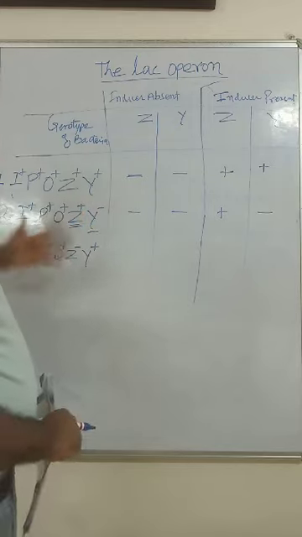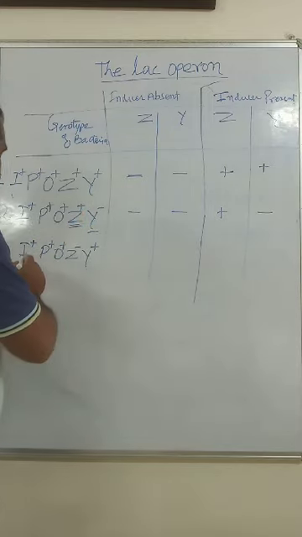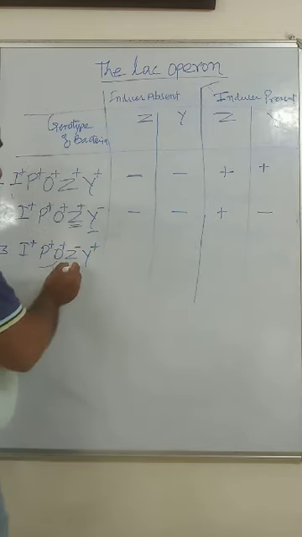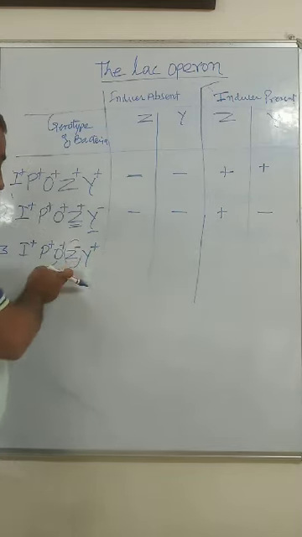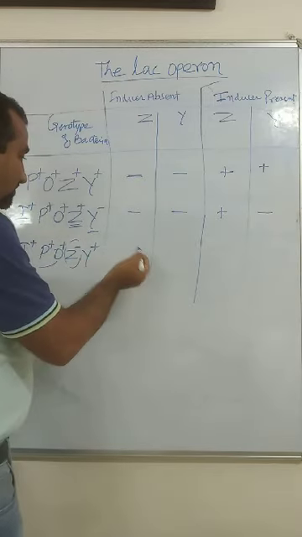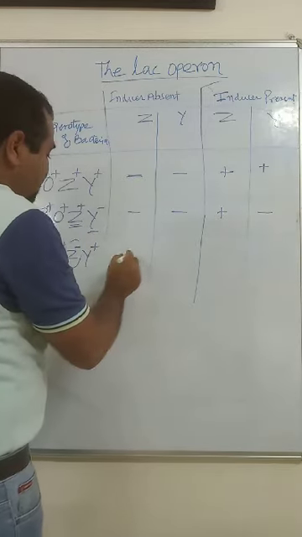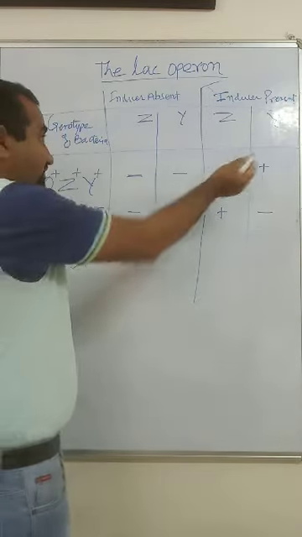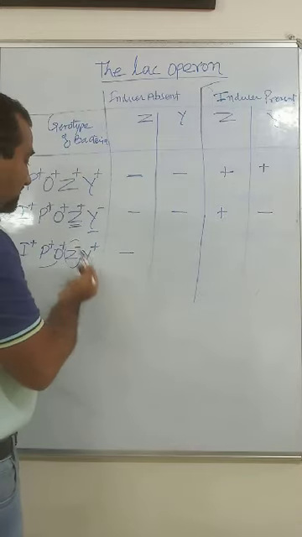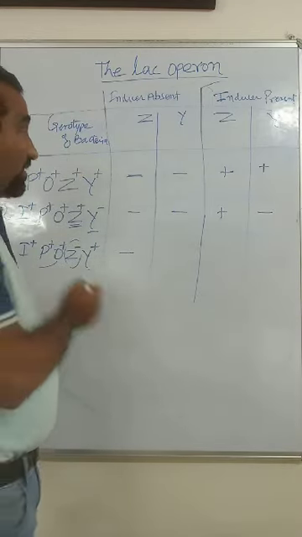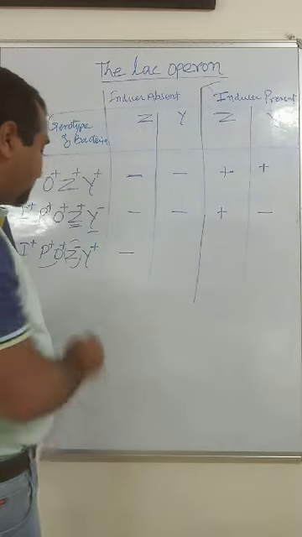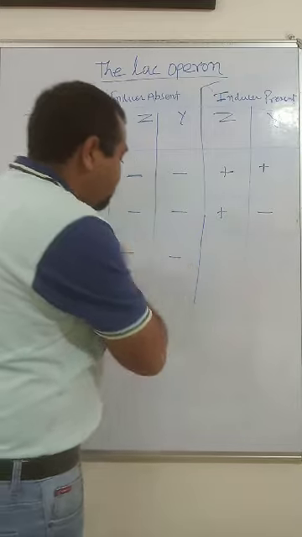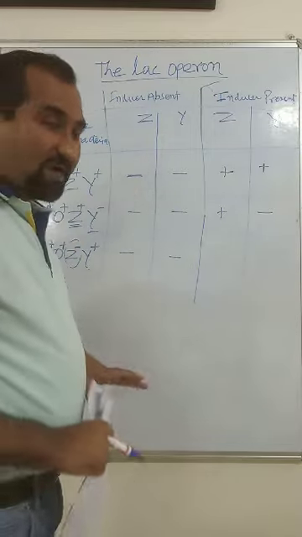If inducer is absent, in all that case, the regulator gene will function dominantly, and here the Z gene is mutated, so already there will be no production of Z gene. It is mutated, so it will not produce in any case, even if the inducer is present. And the Y gene is normal, but here the inducer is absent, so the repressor molecule will be dominant, so there is no expression of Z and Y gene.